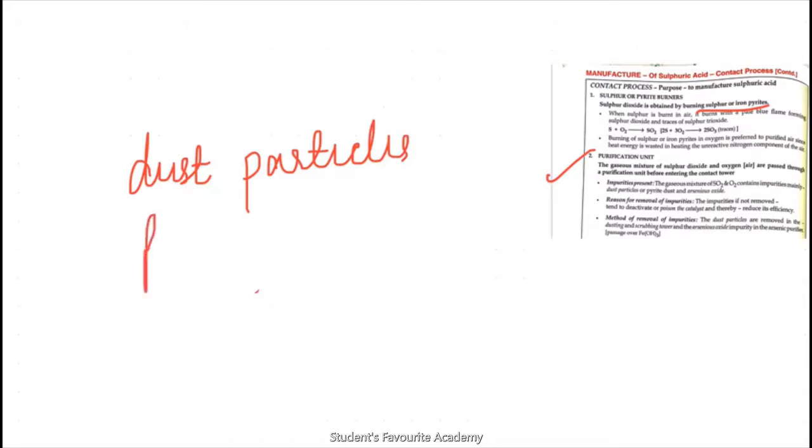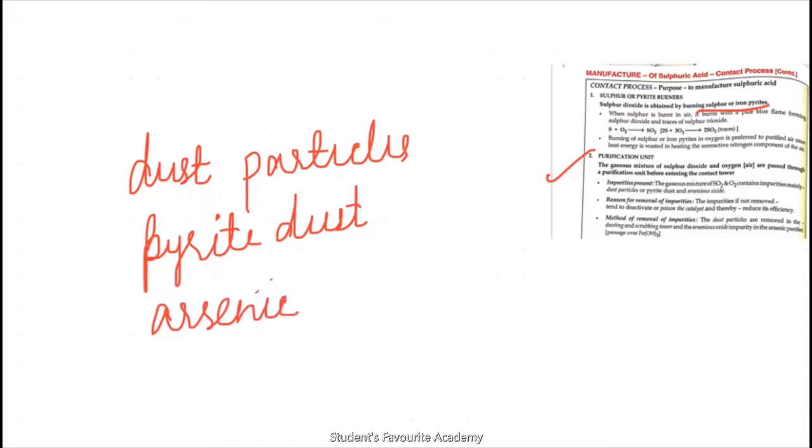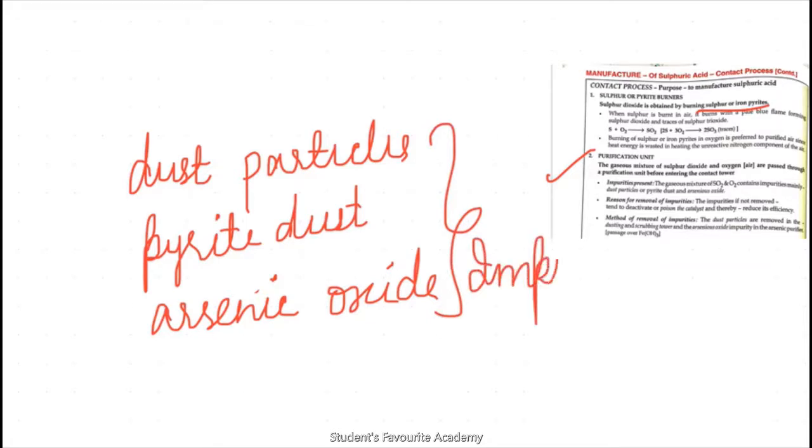Then the second thing which we talk about is pyrite dust. Whatever the dust related to the pyrite ore is there, that is called pyrite dust. And then of course we have arsenic oxide, and we already have a chamber for removing arsenic oxide. So these are the primary impurities which we need to remove.